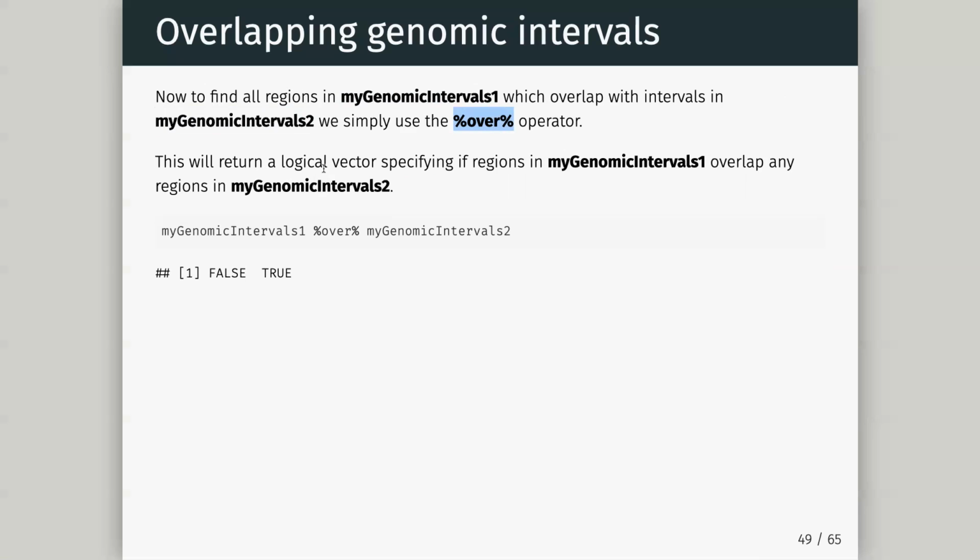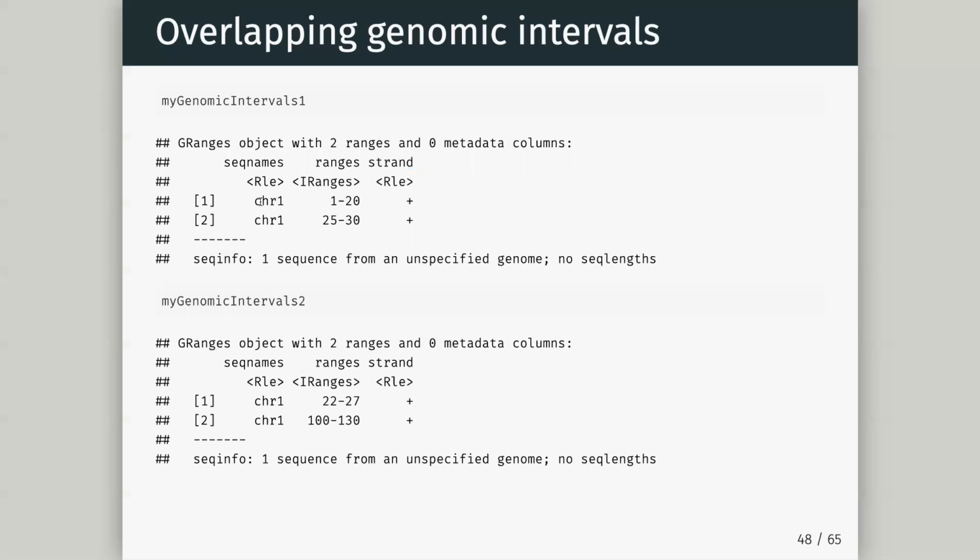This is going to return, just as when we use the in function, a logical vector specifying if regions in my genomic intervals 1 overlap any regions in my genomic intervals 2. So let's check this first. So we have this region here, this region here. We know that this region is going to be overlapped at least by one interval in my second set.